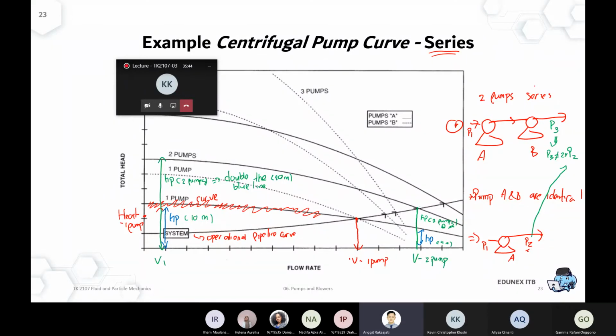And at V2 pump, see that the head of two pumps is not going to be exactly double. The head of two pumps, HP for two pumps, will not be identical with 2 times the HP for one pump.